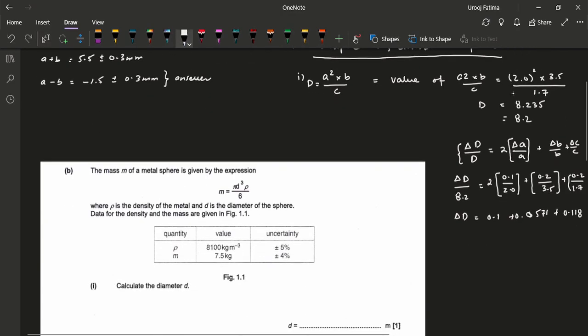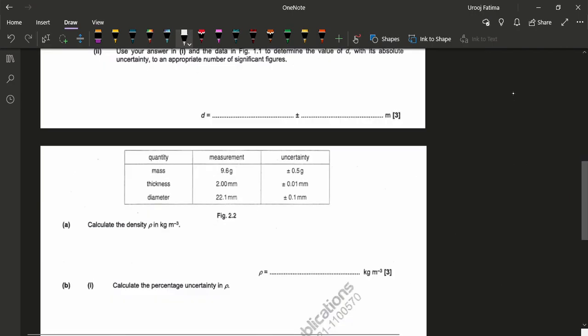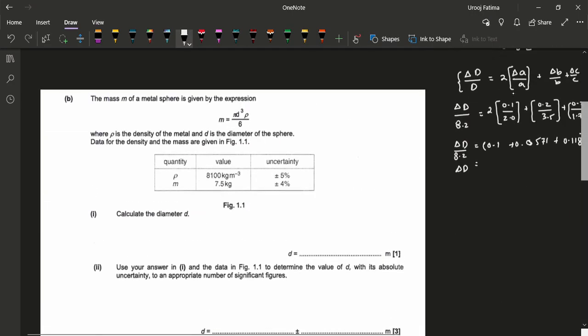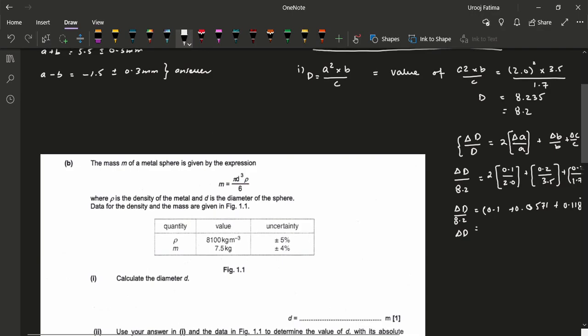Now when we add it, and then multiply 8.2 with all of this, let's see what happens. So let's add 0.1 plus 0.0571 plus 0.118.